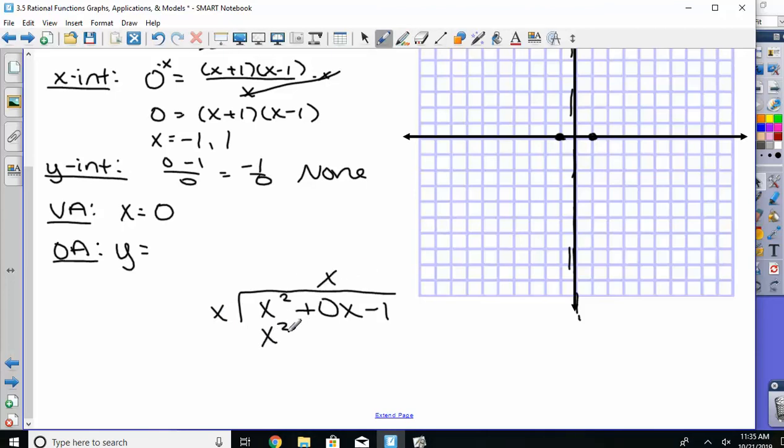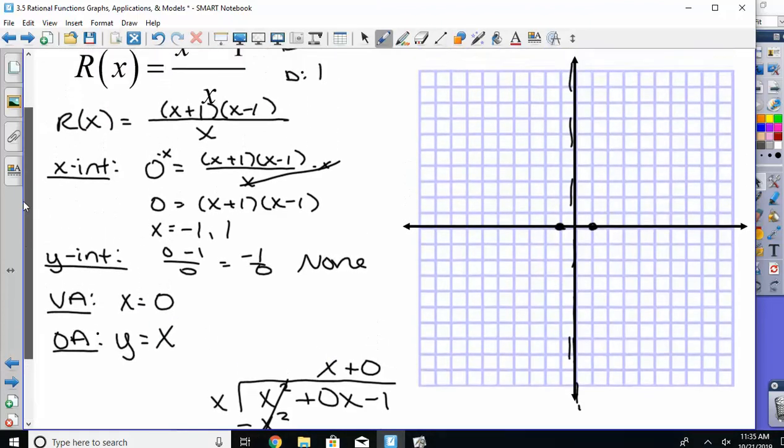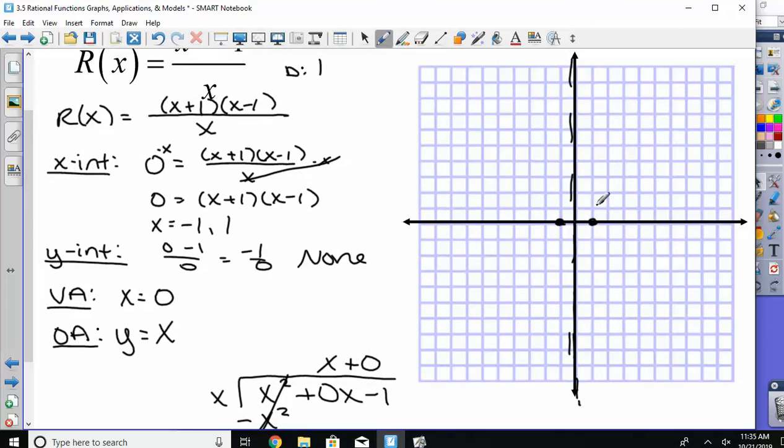Multiply and we get x squared. Subtract those off so they cancel and we have 0x minus 1. What's 0x divided by x? 0, isn't it? So all we get is x plus 0. So our oblique is just y equals x. It's just a line. Y-intercept of 0, slope 1.